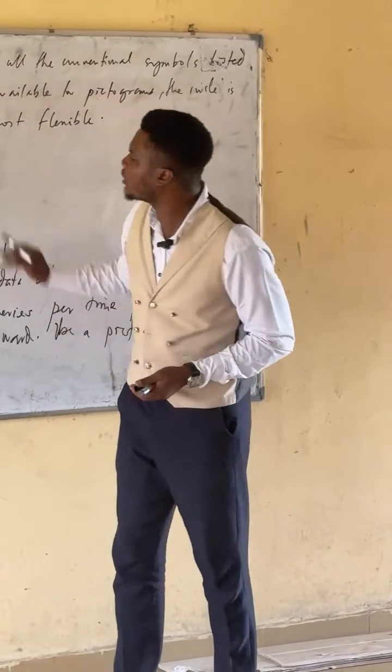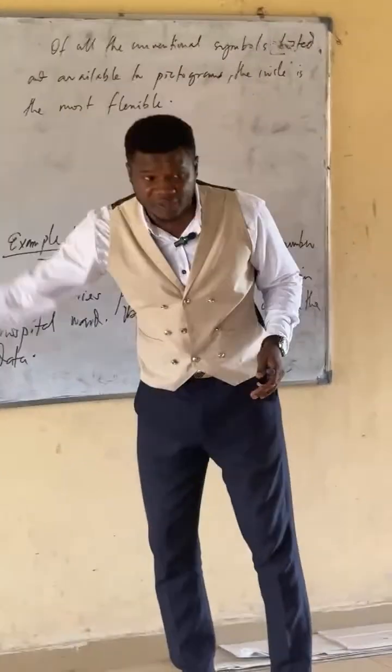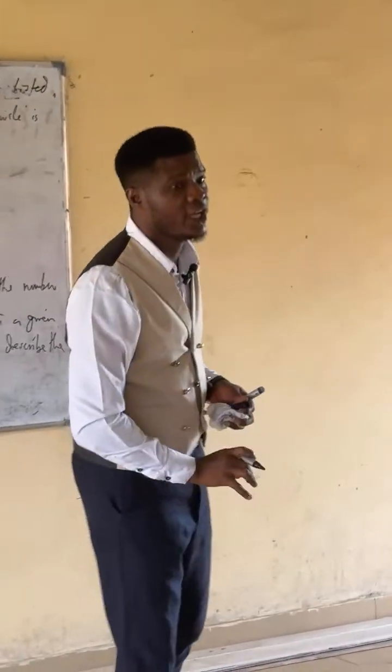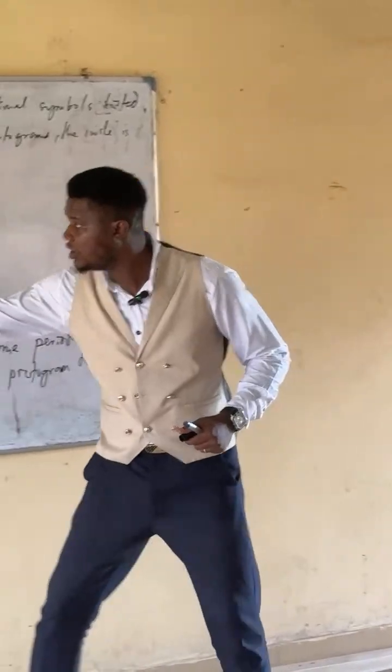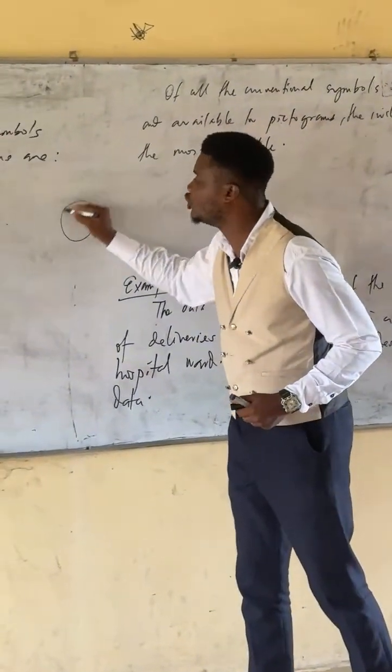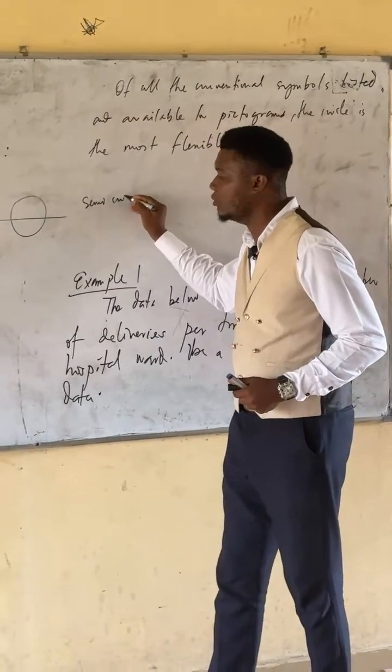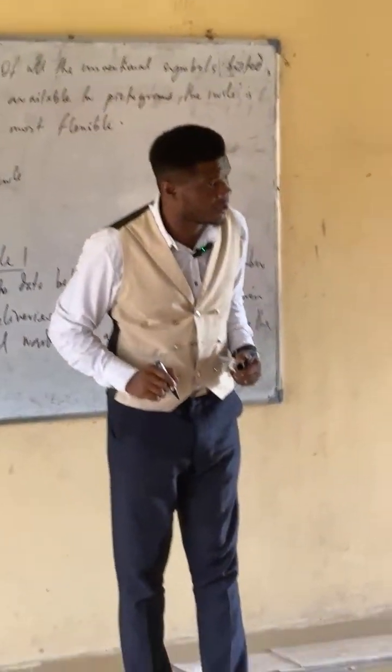But the only symbol out of all of them in a pictogram that once you present half of this, a quarter of this, is the circle. Because we were told in geometry that half of a circle is a semicircle. So there's something like half a circle. Is it not so?